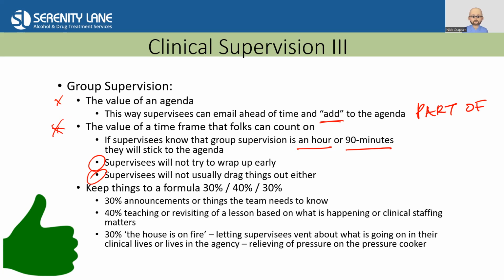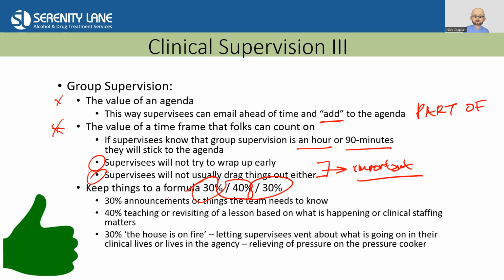If you try to keep things to that hour and not drag things on either, that means you won't stay longer or keep things less time. That means you honor their time and honor your time as well. It keeps things important, and folks know they can count on it. That's very important. I try to keep things in group supervision to a formula.